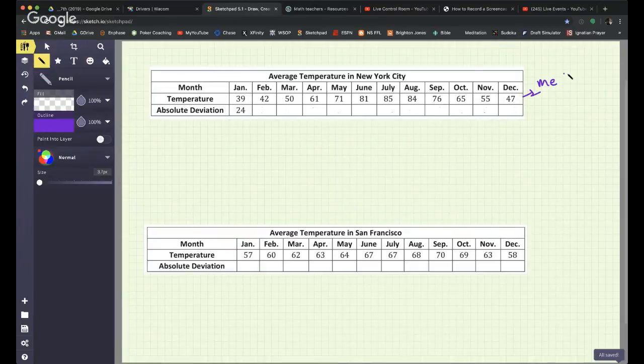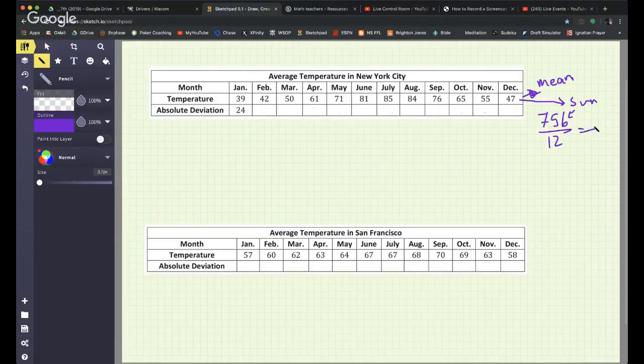Sometimes when I write, the pen works a little weird. The mean is the sum, and if you add up all these numbers on a calculator, the sum is 756. That's the sum, and the number of numbers is 12.